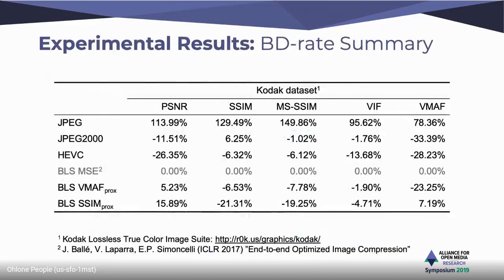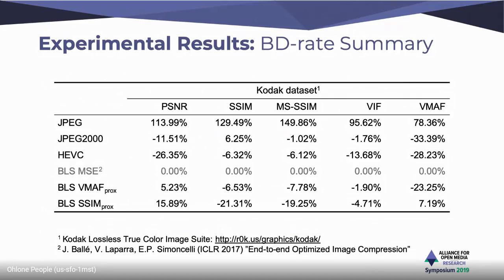Yeah. So here are some numerical results. These numbers are BD rate, so negative means we save bits by doing this. And Ballé MSE is Johannes Ballé's 2017 model optimized for mean square error, and we use it as an anchor to measure BD rate.